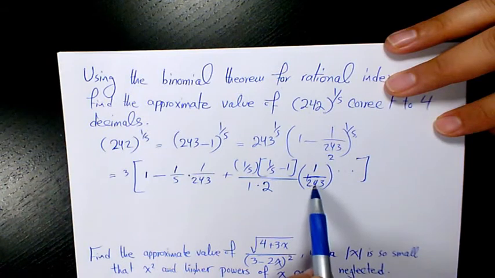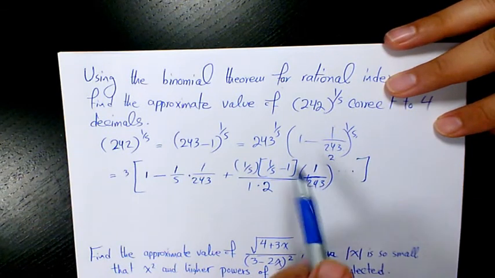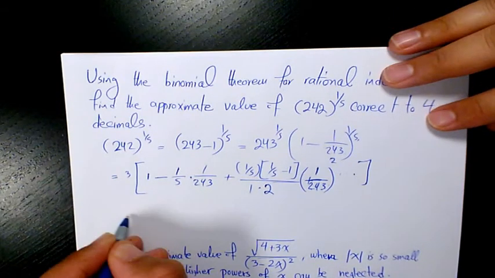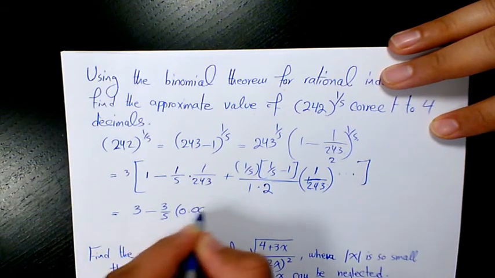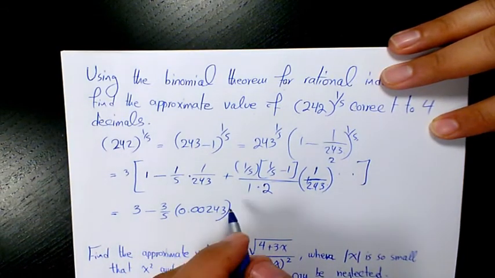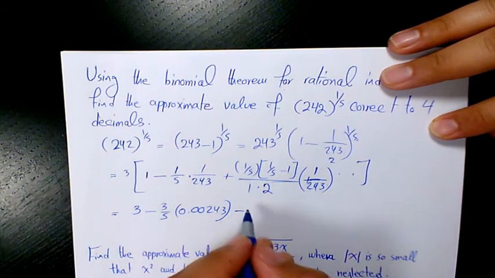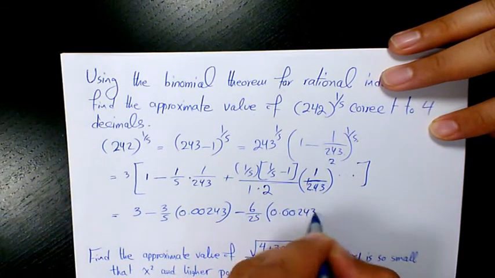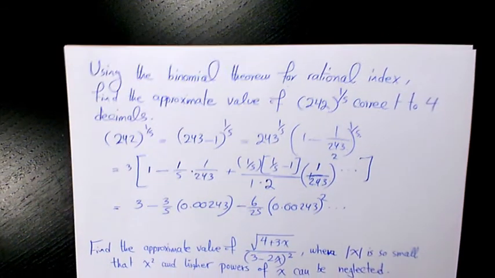And here 243 is 3 to the power of 5, so that's going to be 3 to the power of 5. So we can say that's going to be 3 minus 3 over 5 times 0.00243, minus 3 over 2 times 6 over 25 times 0.00243, and all the way to these terms.